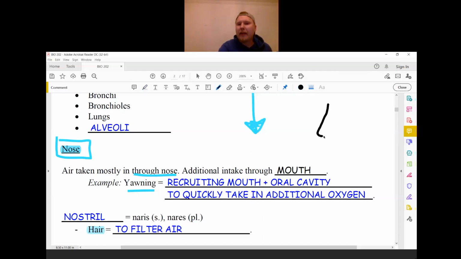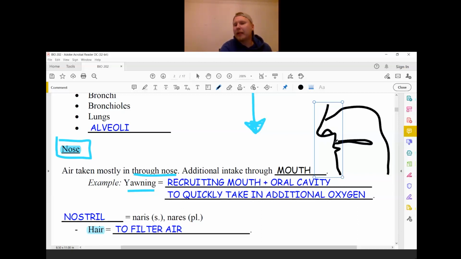Here we have the nose, and you'll notice that we have the nasal cavity separated from the oral cavity by our palate, and we have this hair right at the first part of the nostril.